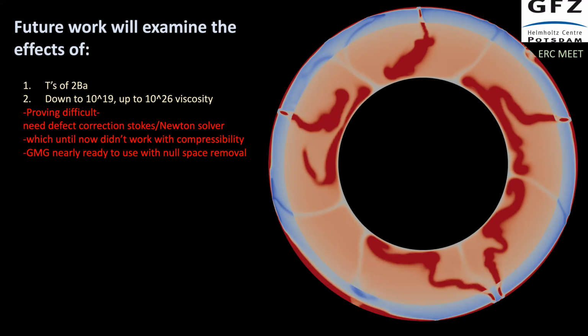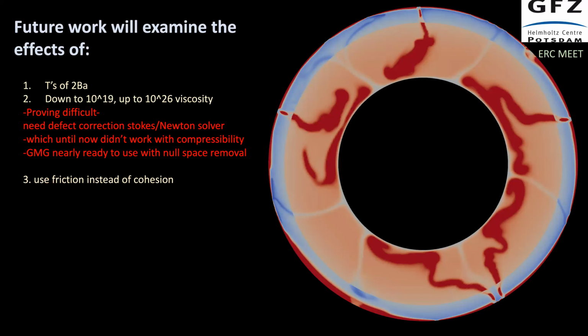But we've been looking at using some of the better solvers, the defect correction Stokes, the Newton solver, the GMG solver, which we're not working with compressibility or null space removal, but I think we're close to getting there now.